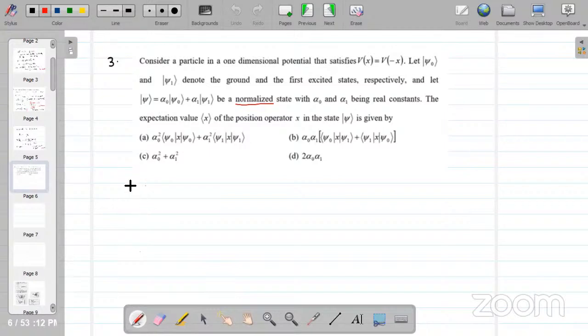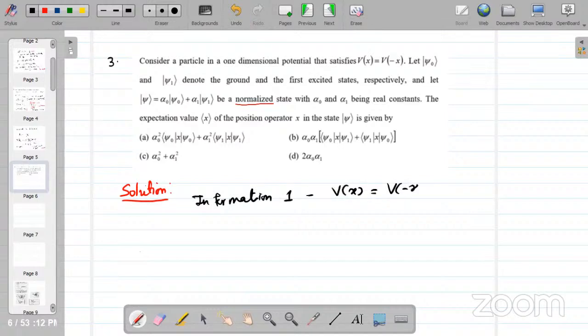So what information have they given here? Information 1: V of x is equal to V of minus x. Information 2: psi naught and psi 1.